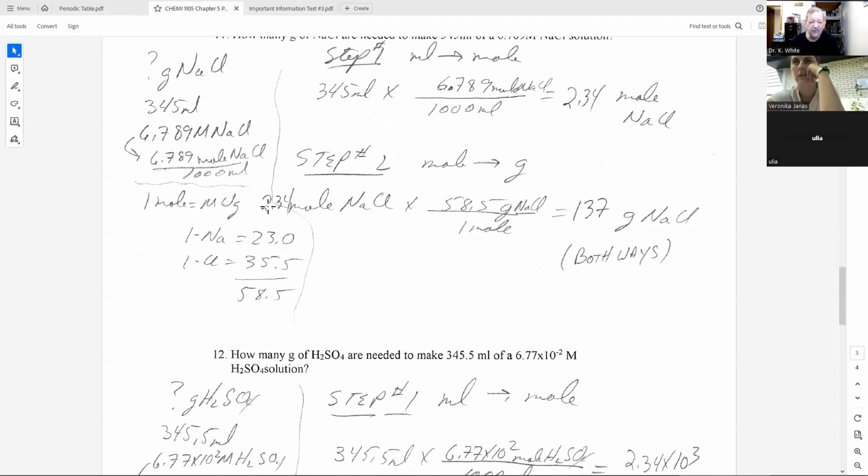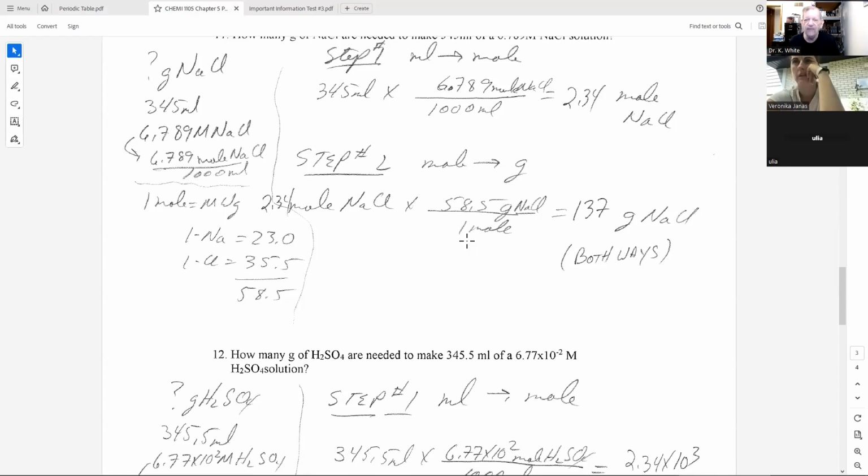I do the math; the 1 mole is an exact number, and my answer has 3 significant figures. By the way, I didn't write it, but I could have also written it 1.37 times 10 squared grams sodium chloride.